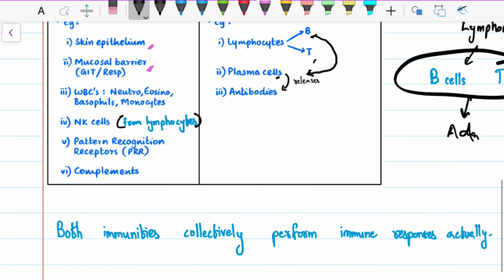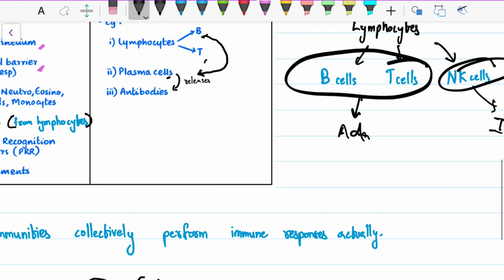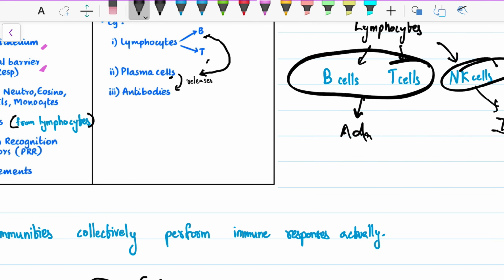There's a misconception that when a pathogen attacks, a person uses the innate immunity first, and then comes the acquired immunity. But that's not the case. They actually work hand in hand and collectively perform an immune response.